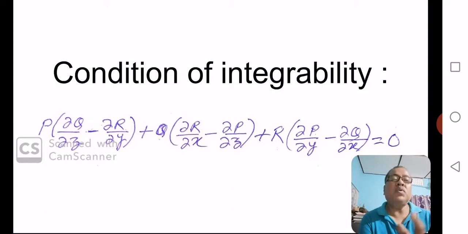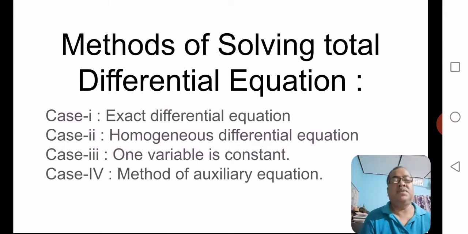If the coefficients of p, q, r are 0 at a time, then the differential equation is known as exact. That means if del q by del z equals del r by del y, del r by del x equals del p by del z, and del p by del y equals del q by del x, then the equation is exact.